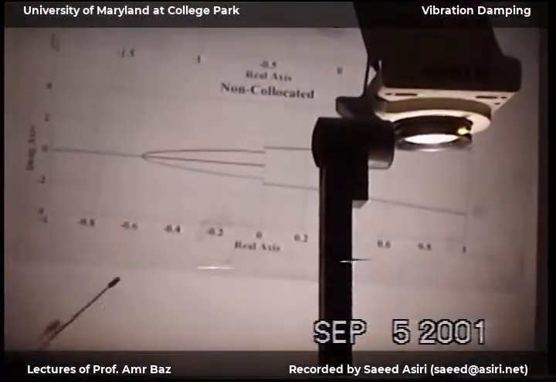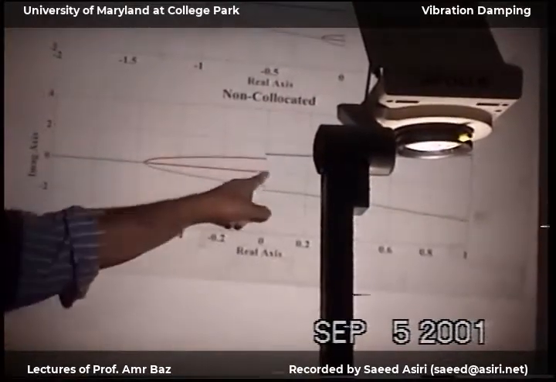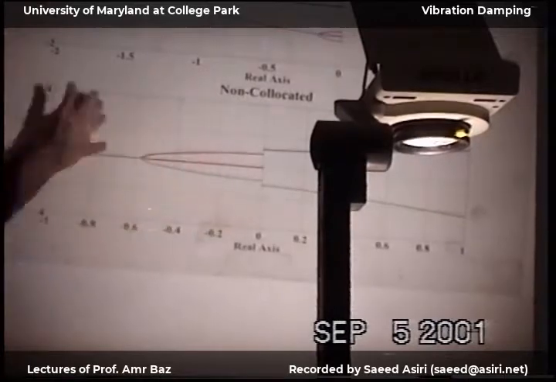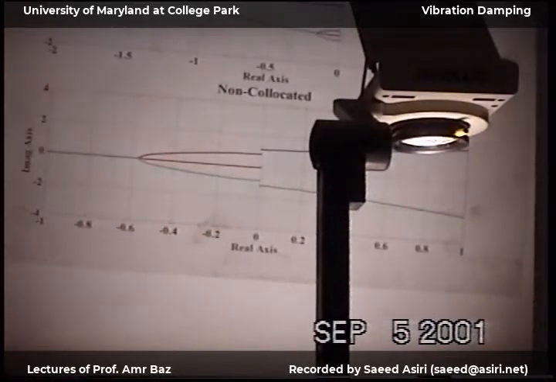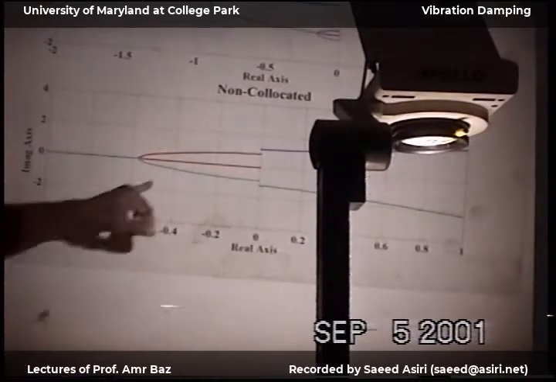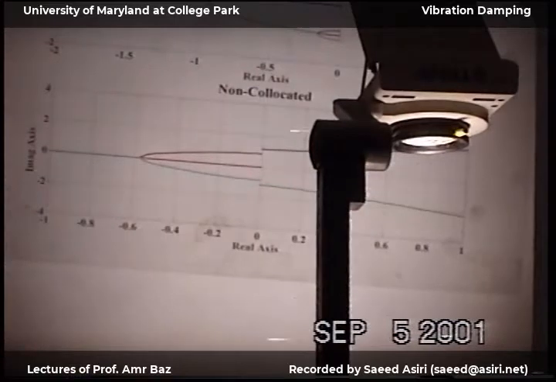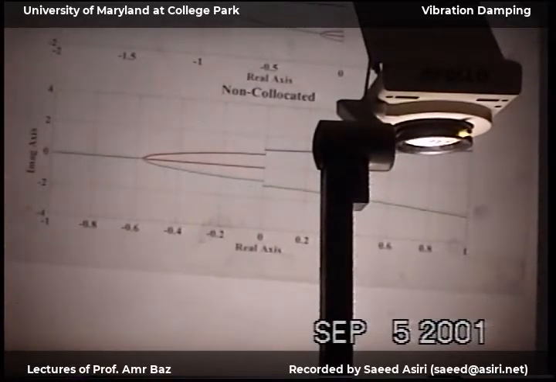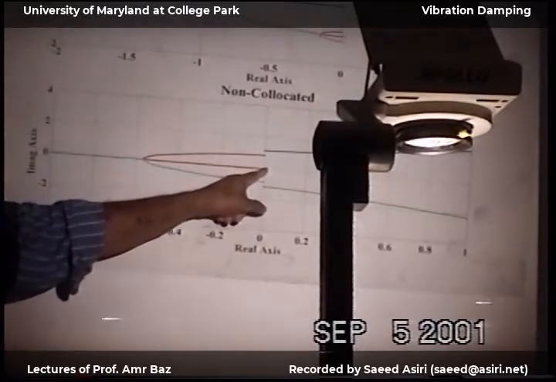Only one branch is very clear, the red branch. And the rest, they're trying to look from the poles to a matching 0 where I end up at a very high gain. Now for this case, at the pole, the gain is 0. And at the 0, the gain is infinity.